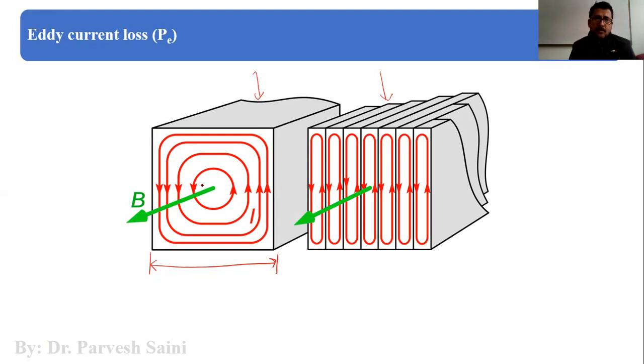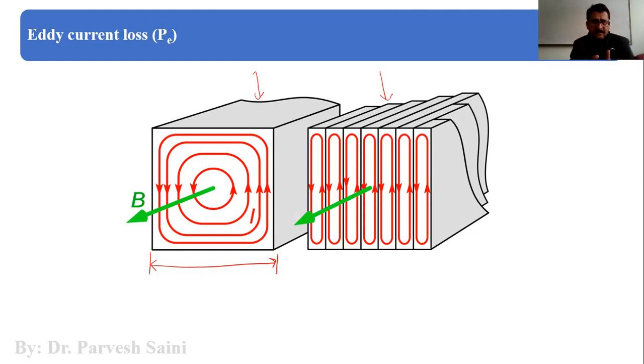But when we divide the same iron piece into a number of thin laminated sheets and then stack them, like it happens in the transformer. The core of the transformer is generally made up of thin laminated sheets. This could be a core formation or a shell formation, that is a different thing.